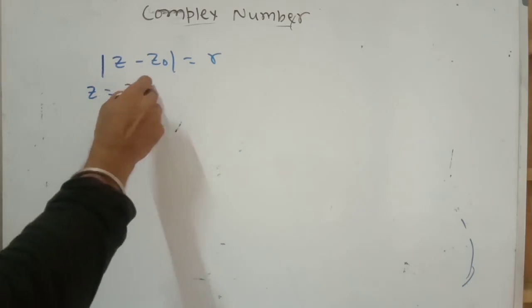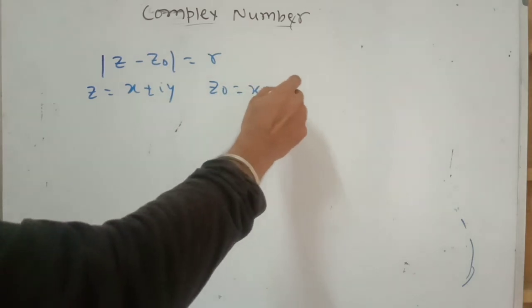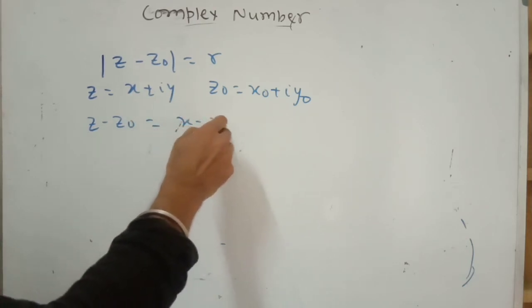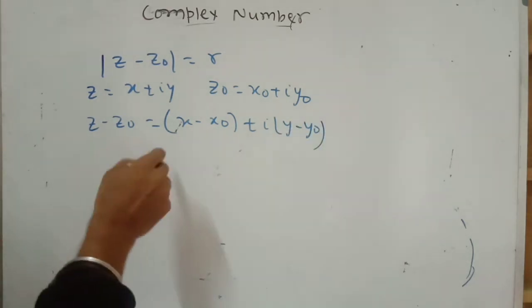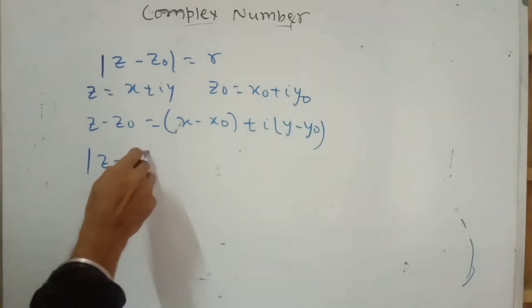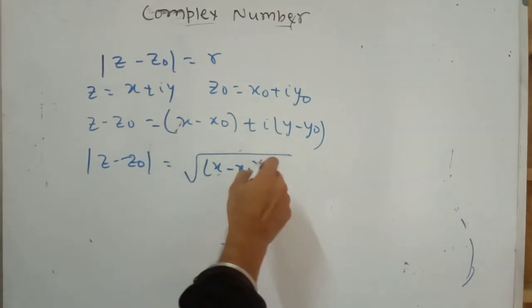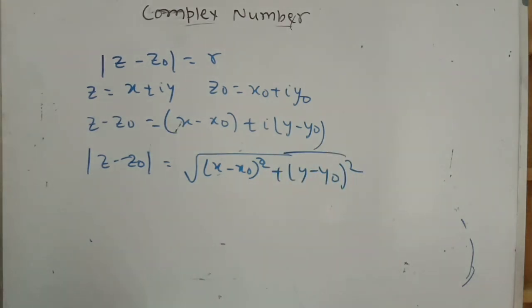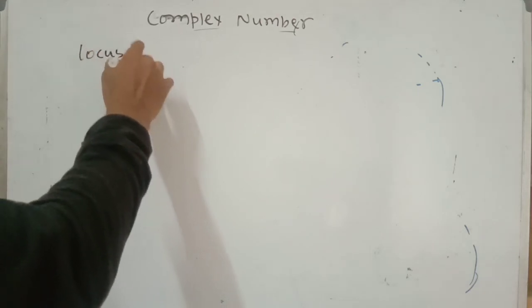Let z equal x plus iy, and let z₀ be x₀ plus iy₀. So z minus z₀ is (x − x₀) plus i(y − y₀). Now when you take the square of the real part, it is (x − x₀) squared plus (y − y₀) squared. Now let me find the locus of the circle.